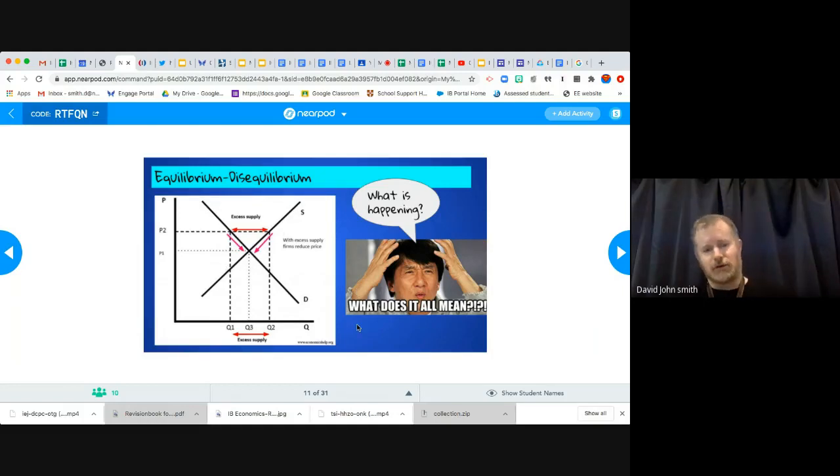So in your notes, you're going to need to explain how an economy moves from a state of disequilibrium, so this one here, for example, to a state of equilibrium. So in this case, you're talking about there being a disequilibrium, inventories building up, the price decreasing, and you ending up back at an equilibrium.